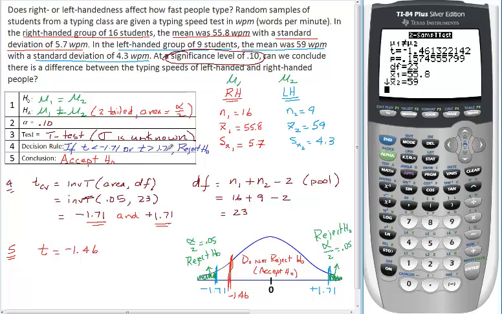Now, accepting the null hypothesis, say that in words. What does that mean? Well, we're accepting the fact that they are equal. There's no difference. And really that's kind of what we expected. So, no, there is no difference between the typing speeds of left-handed and right-handed people.